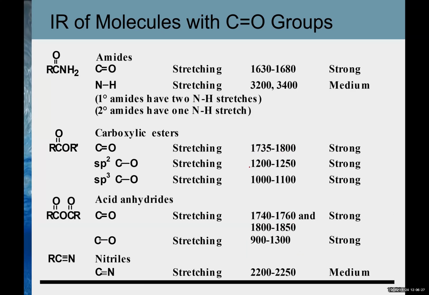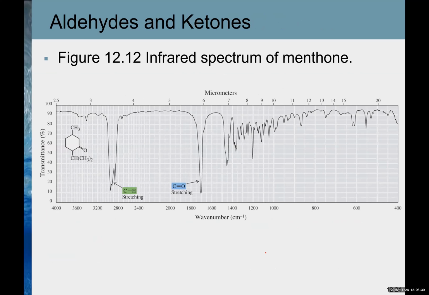Amides, this data is here. So that's amide, that's ester, acid anhydride, and nitriles. Nitriles are cyanides. You can see the data here. Okay, let's look at an example of a ketone. So this is a cyclic ketone.